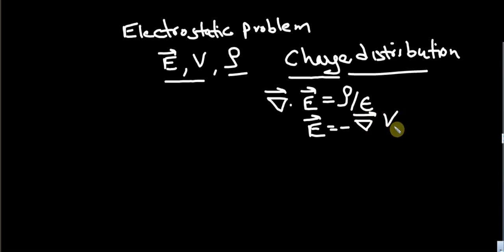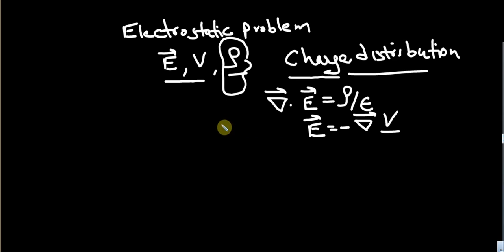the electric potential. Now in electrostatic problems, many a time we do not have the knowledge of the charge density or charge distribution. So for that case we use different methods.